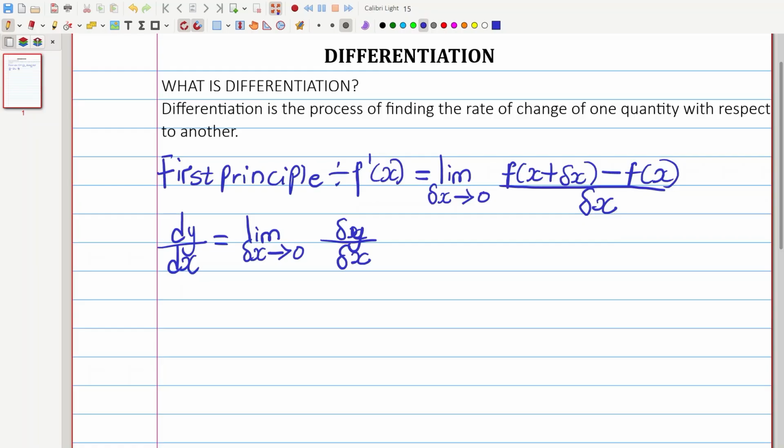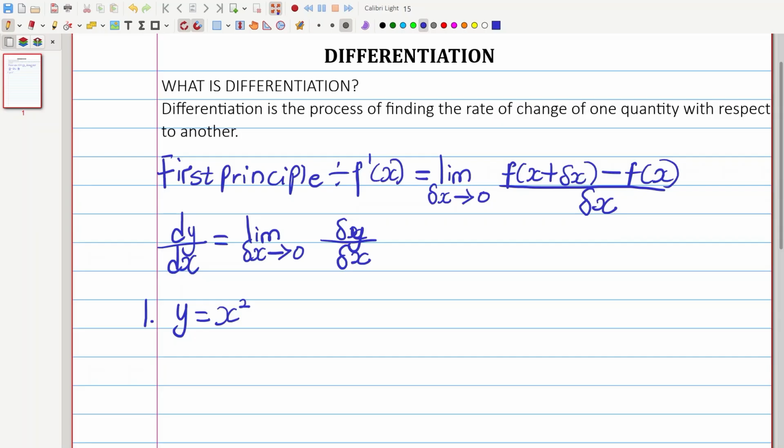So, in order for us to understand what's going on here, let's look at one example first. Let's say y is equal to x squared. So this is our equation, and we are going to be solving it using the first principle of differentiation.